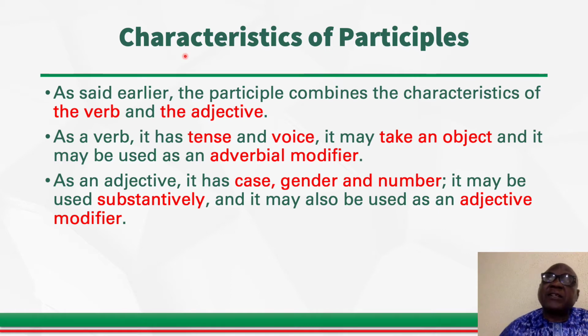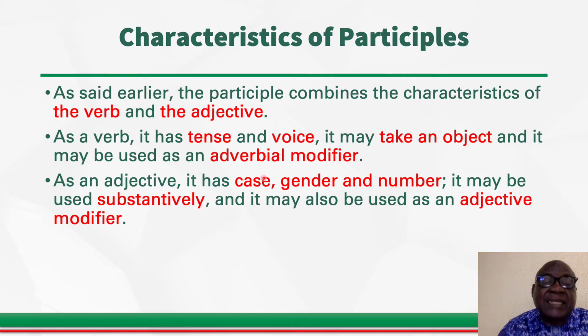Now, characteristics of participles. Because participles are verbal adjectives, as we have said, they carry the characteristics of verb and adjective. As a verb, they have tense, they have voice, and then they may take an object, and they might also be used as an adverbial modifier. So there are 4 characteristics of the participle as a verb.